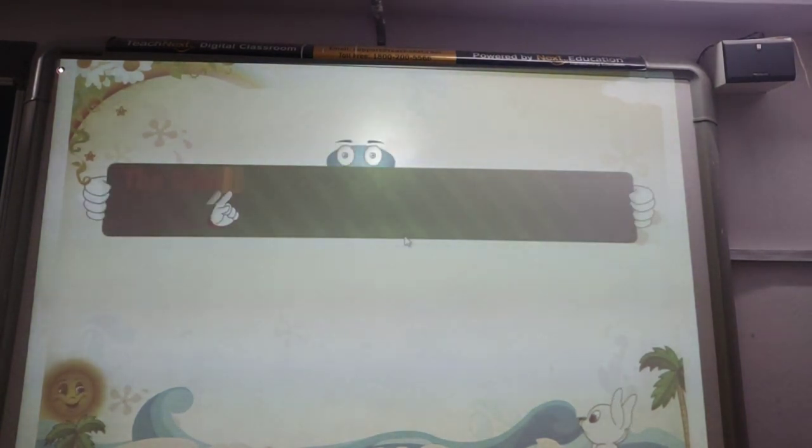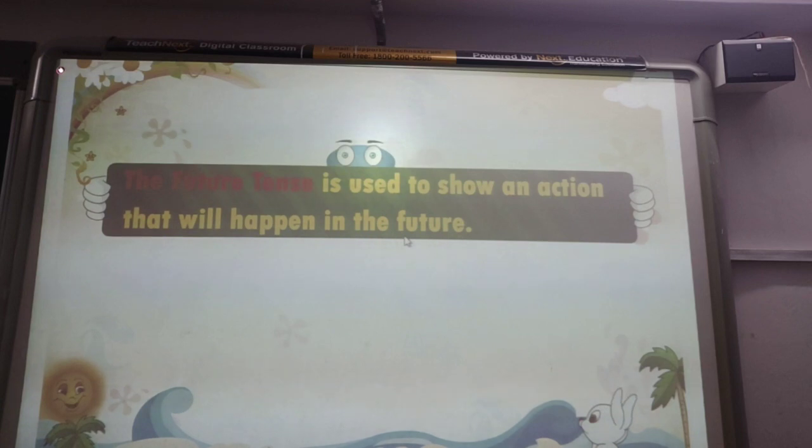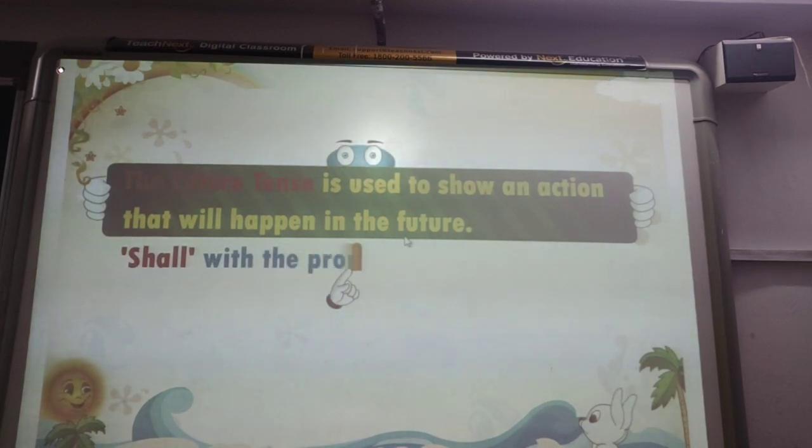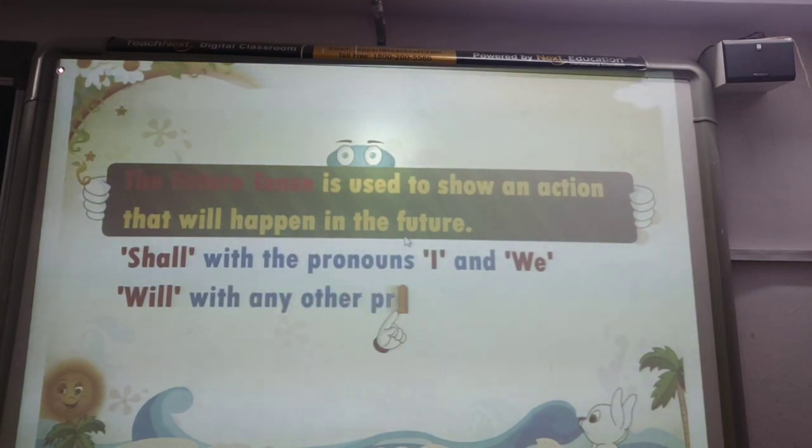The future tense is used to show an action that will happen in the future. Future tense is formed by using shall with the pronouns I and we, will with any other pronoun or noun.